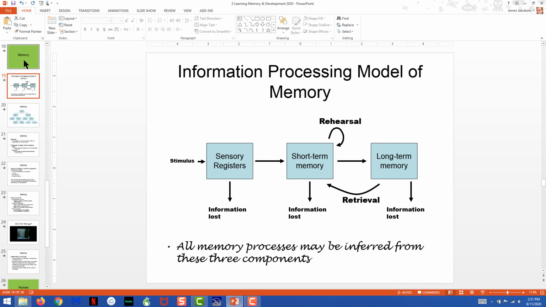The story of the information processing model of memory goes back to the 1950s and 60s, primarily during the 1960s, in which computer systems started to be used as metaphors for human memory systems.